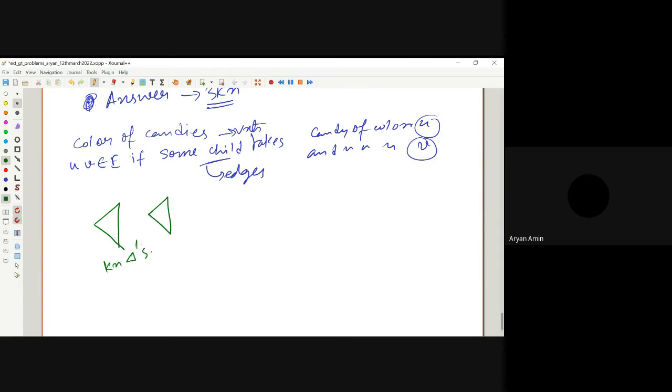Give me a second. Yeah, I just forgot what the equality case was. Give me a second.